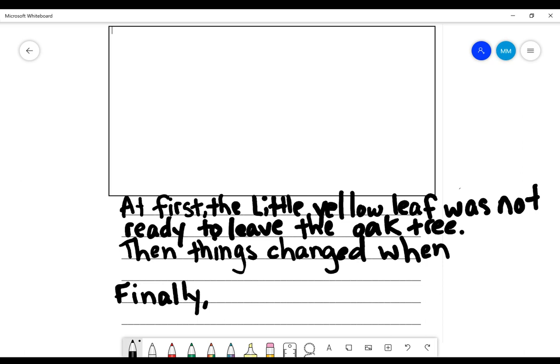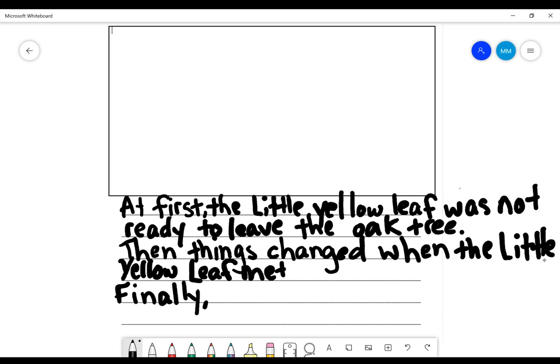He met the little scarlet leaf. So I'm going to say then things changed when the little yellow leaf met the little scarlet leaf.